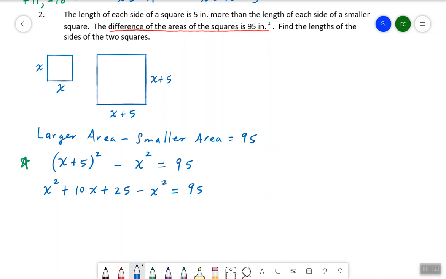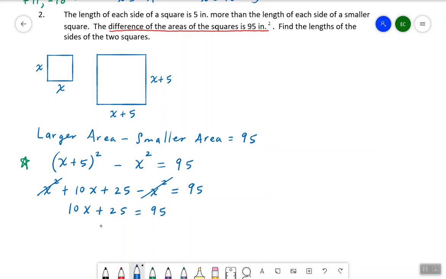On the left-hand side, the x squared minus x squared cancels, and you're just left with 10x plus 25 is equal to 95. Sure enough, we had a quadratic equation, but the quadratic terms fell out, and so now we have a little linear equation like we learned to solve earlier in the chapter.